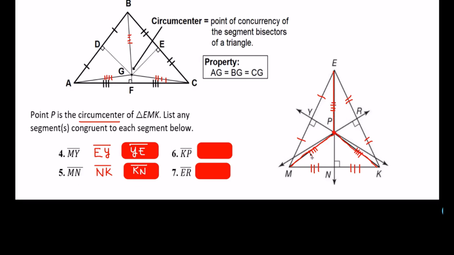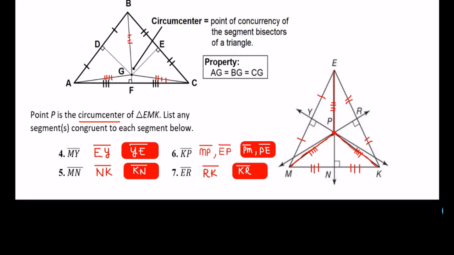It could be EP or MP, or you can write PM or PE. The reason I'm showing this is because sometimes you have multiple choice questions and they could come this way or this way. It all depends on how the problem is shown to you. Last one here is ER. ER is congruent to RK, or you can say KR.